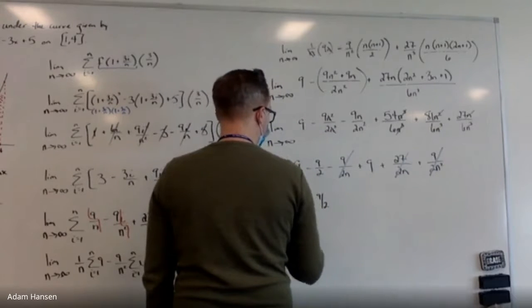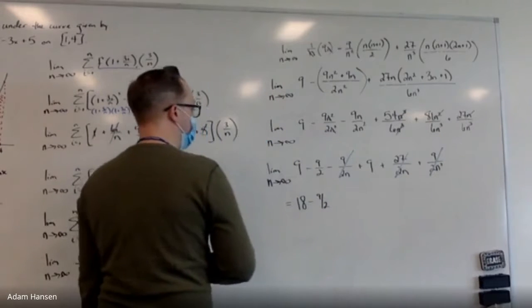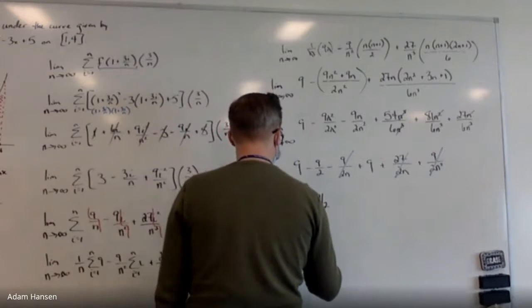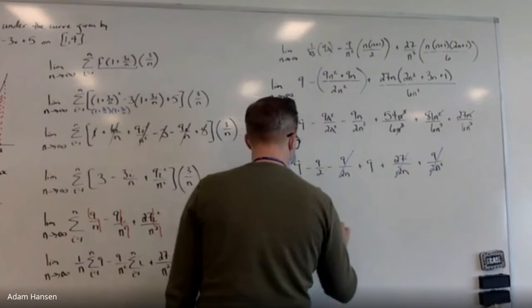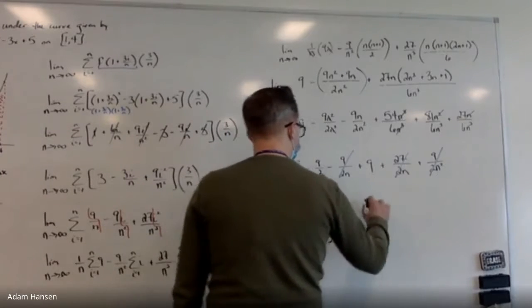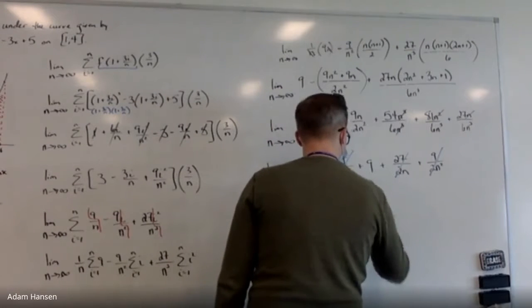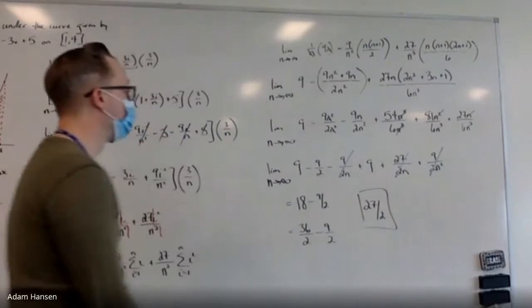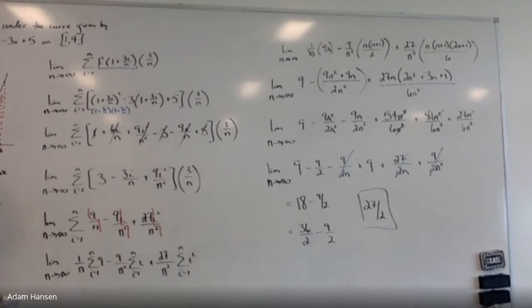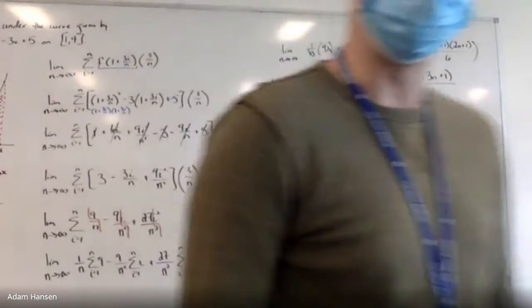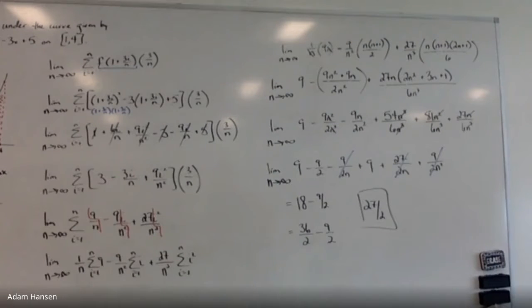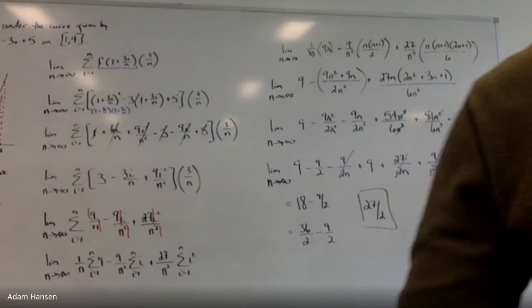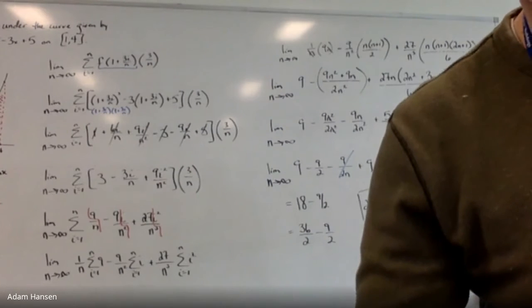I can find a common denominator. 18 would be 36/2 minus 9/2, or 27/2, or 13.5. The area under the curve is 27/2. I know those are long ones, aren't they? Wait till I show you the shortcut.